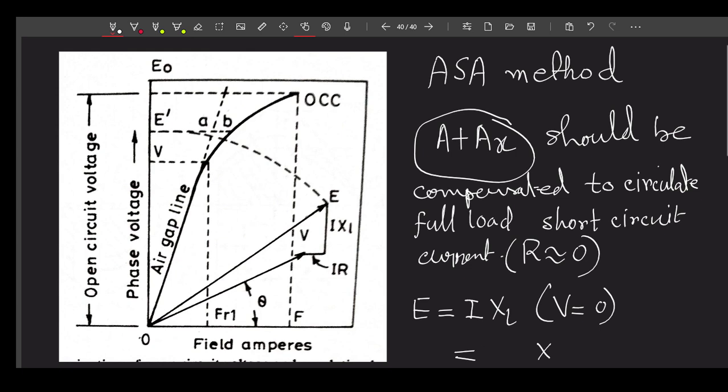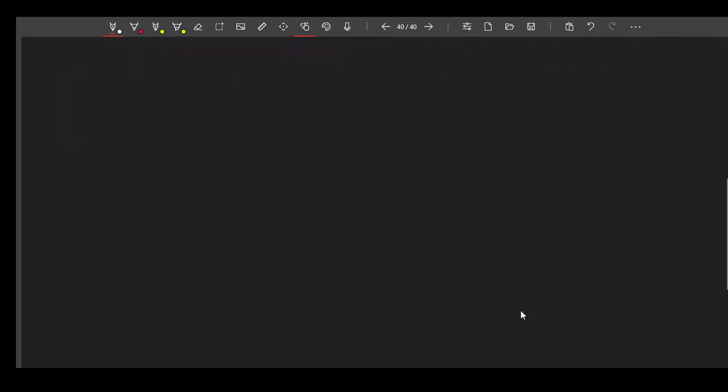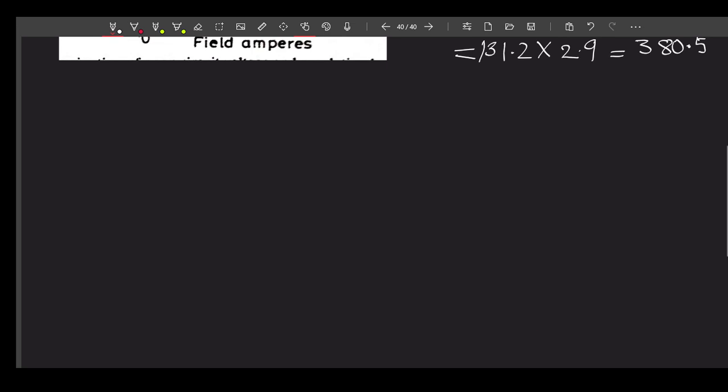Actually, let me write it in the correct way. Now convert it to line.